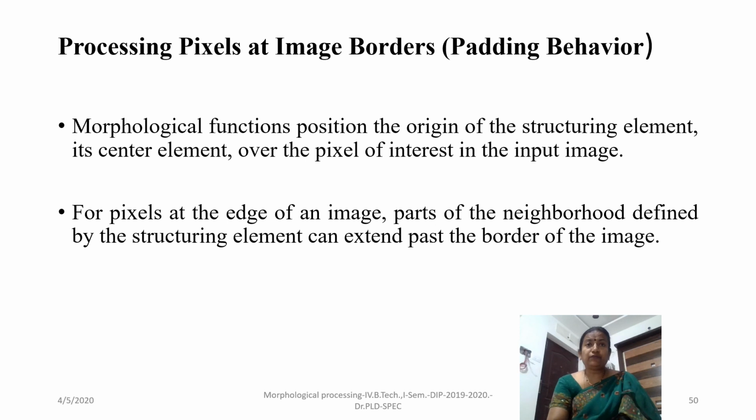Padding behavior. Morphological functions position the origin of the structuring element, its center element, over the pixel of interest in the input image. For pixels at the edges of an image, parts of the neighborhood defined by the structuring element can extend past the border of the image.